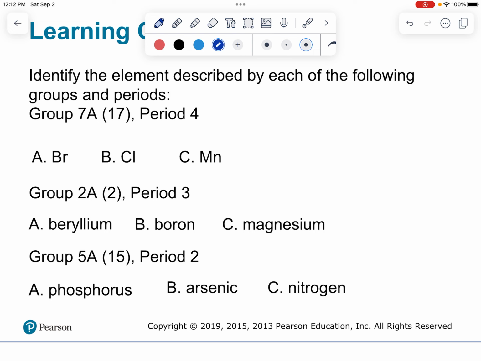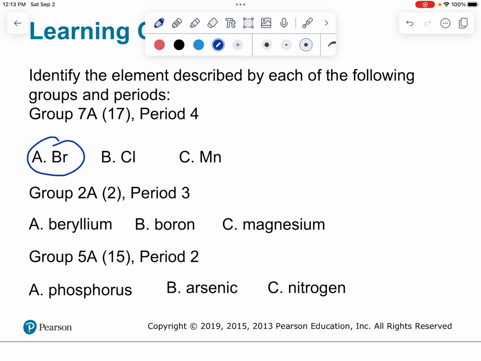Okay, so this first one is actually multiple choice. So look on your periodic table, look for group 7A and period 4. And so that is going to be in the halogen column and in the fourth row, and the answer to that is going to be bromine.